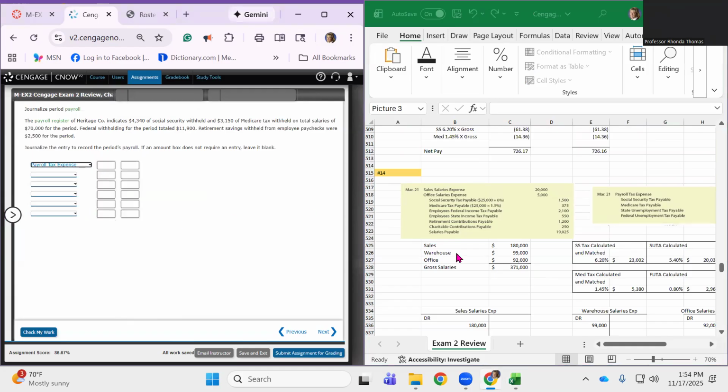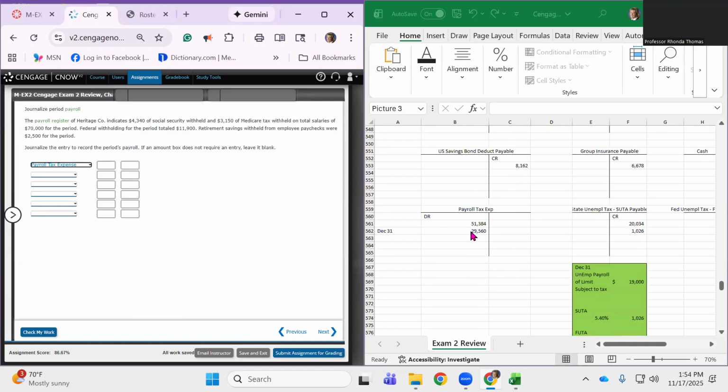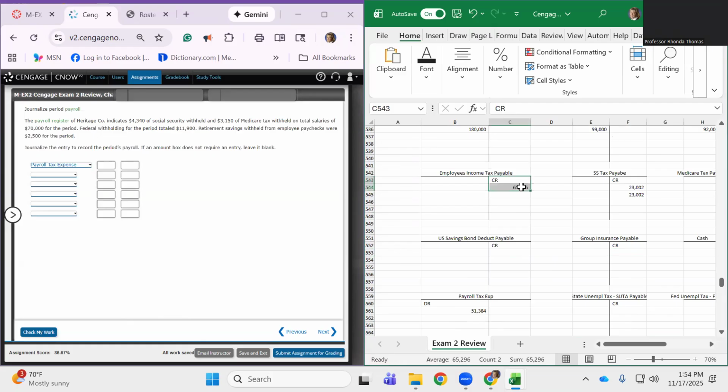So you might as well just go ahead and put payroll expense and let me get rid of all this stuff here so that we can look at it with the T accounts. Okay, so we don't have all these deductions. But that's okay.